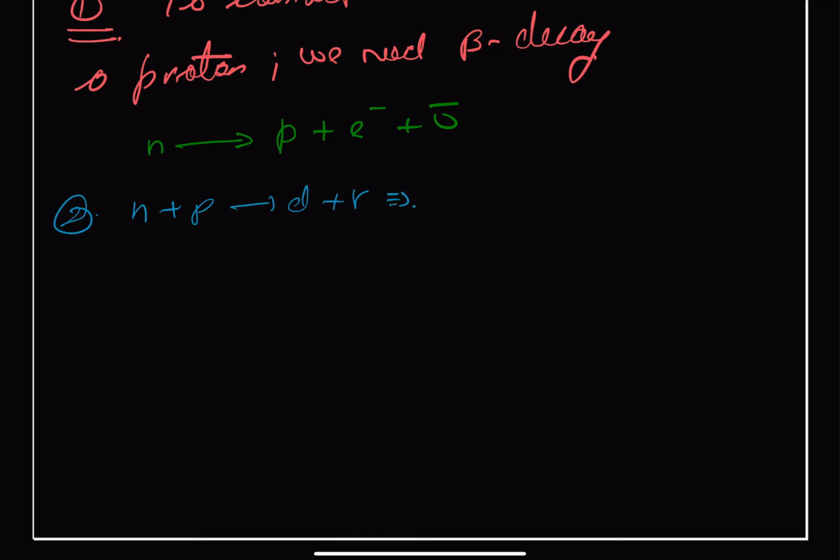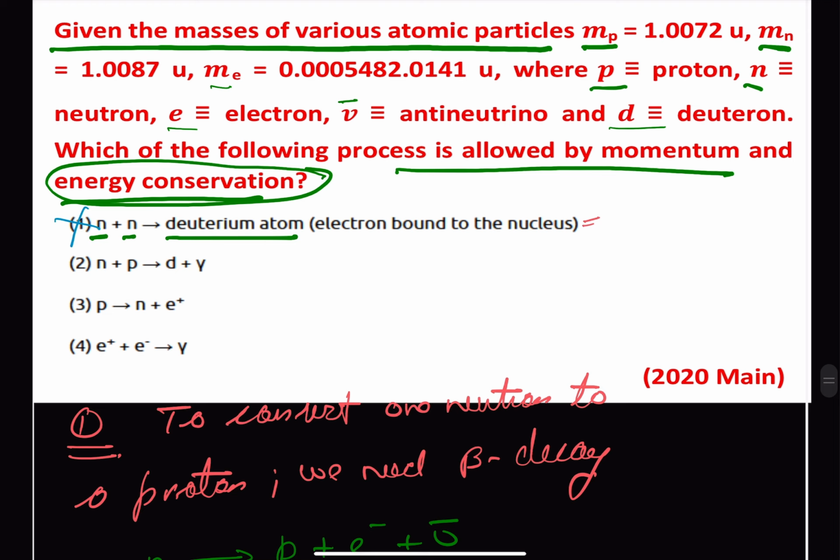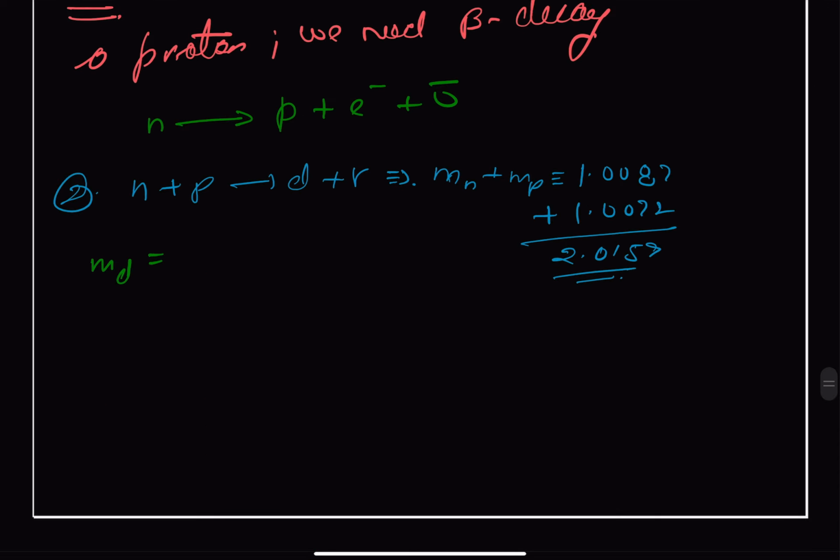So we get mass of N plus mass of P, this will be equal to 1.0087 plus 1.0072, and this gives us 2.0159, and MD, the mass of our product side, is given to us as 2.0141.